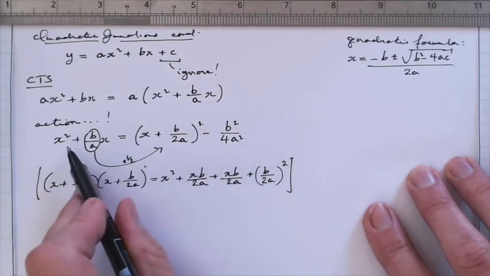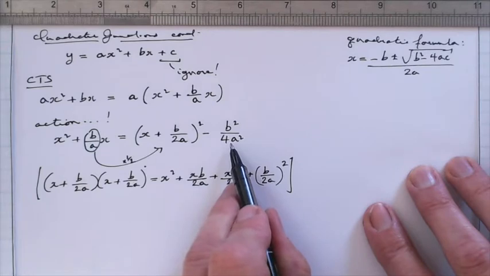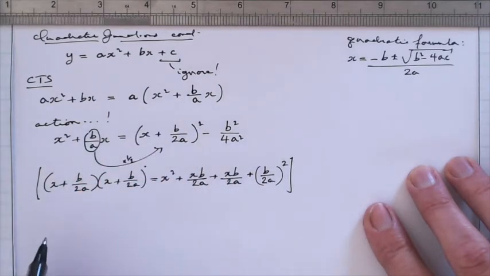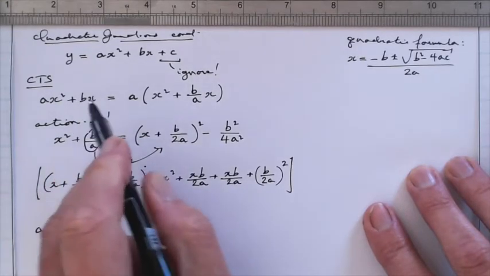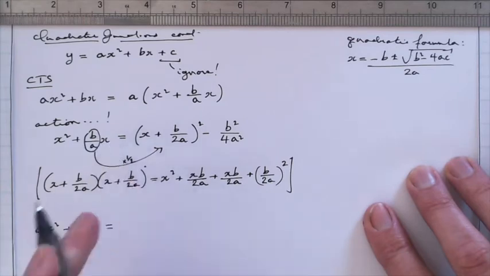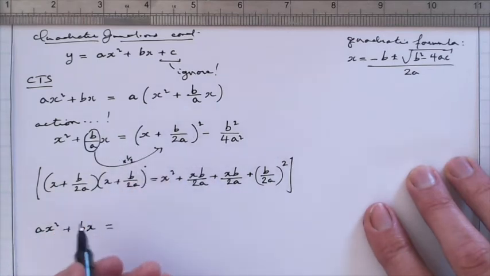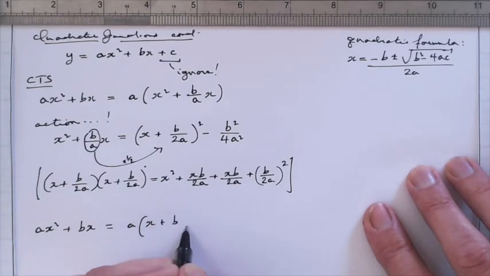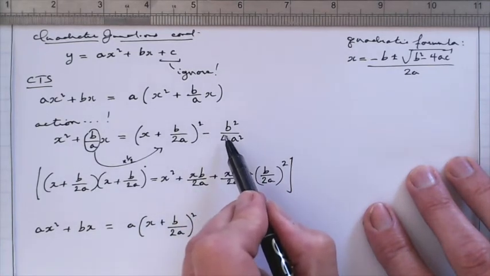We've completed the square on these two terms. We now need to multiply through by a. So ax squared plus bx is a times this thing, so it's going to be a times this minus a times this.